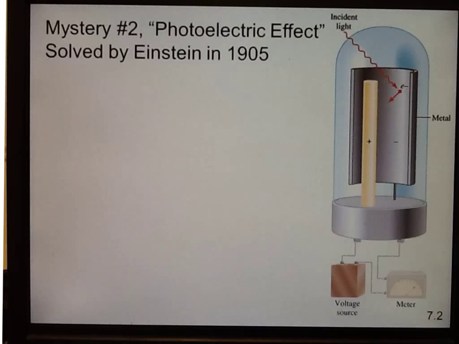What we have there is a metal plate, and we're going to pretend that metal plate is made out of sodium. It might be made out of some other type of metal, but we're going to use sodium because it's important to the example we're about to discuss.